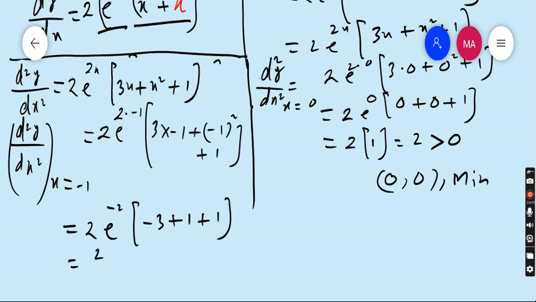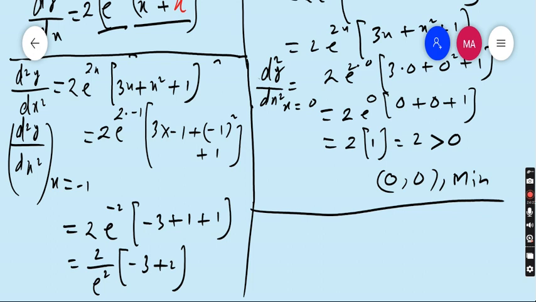So 2e^(-2) can be written as 2 upon e², minus 3 plus 1 plus 1 is minus 1, and 2 into -1 is -2 upon e².